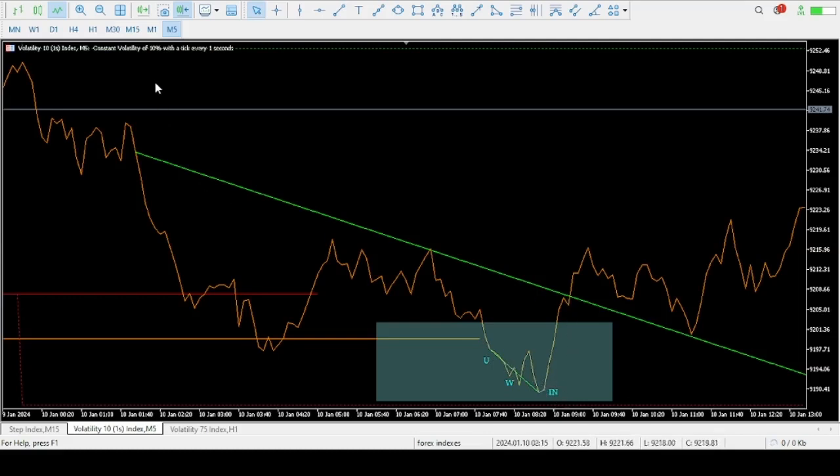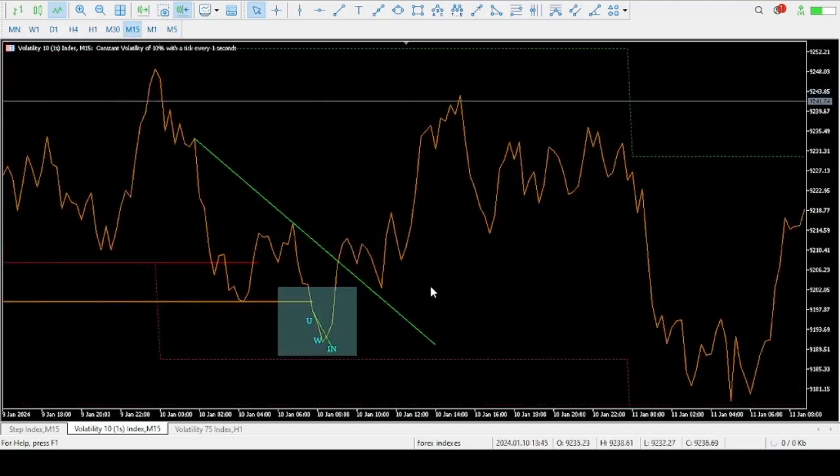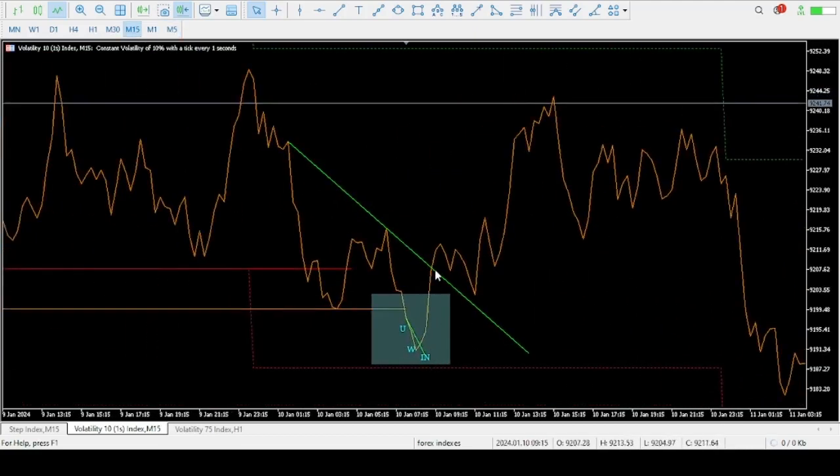Then from here we go back to 15 minutes, wherein we will break the structure and W in will come in on the other side. So now there is U here, then there is W, this whole is W, and then there is in.